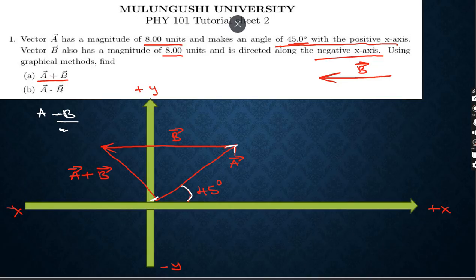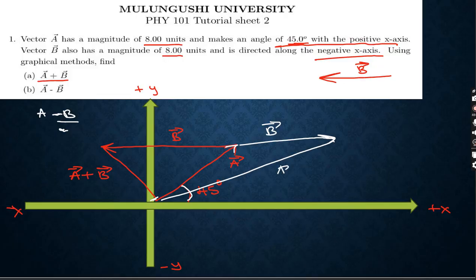The negative will affect the vector to change direction. So this is our vector B. Connecting the two lines, this is our A minus B.